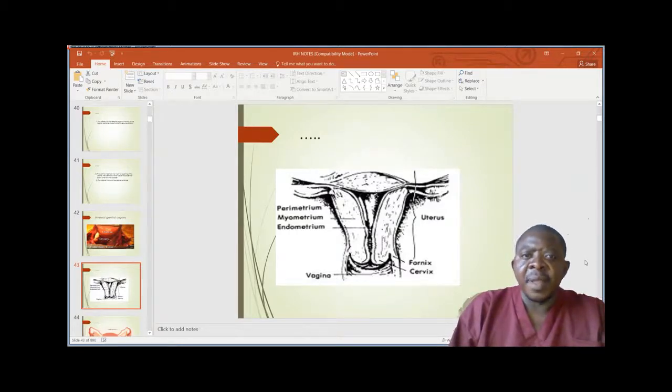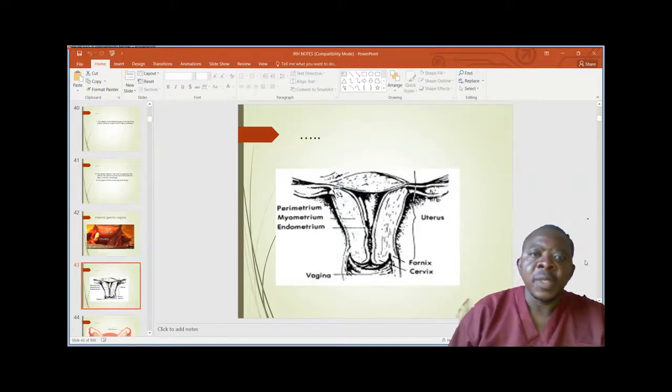So on the outside, in the perimeter, we have the perimetrium, then in the middle we have the muscle, the myometrium, and inside there we have the endometrium. The uterus also has a neck, where we find the cervix, and then the fallopian tubes.